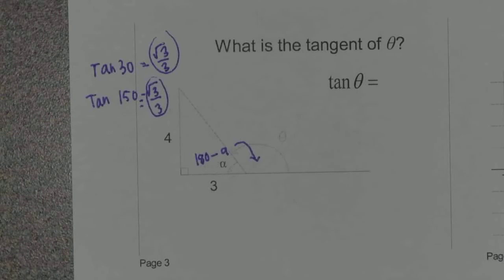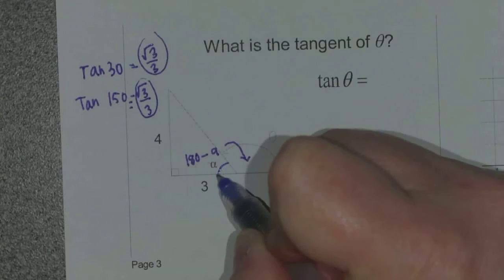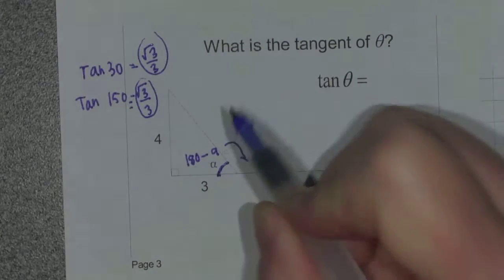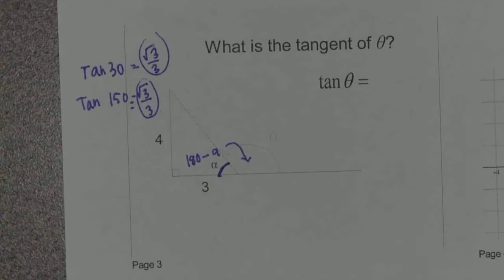So we're going to use that information to figure out angles that are in different quadrants of the coordinate plane. Do you guys agree with me that I could totally use this angle to find the tangent of that angle as long as I know which sign to put on when I'm done?